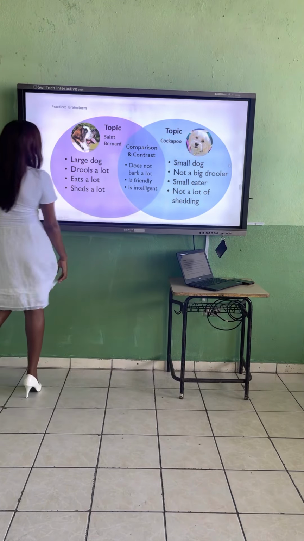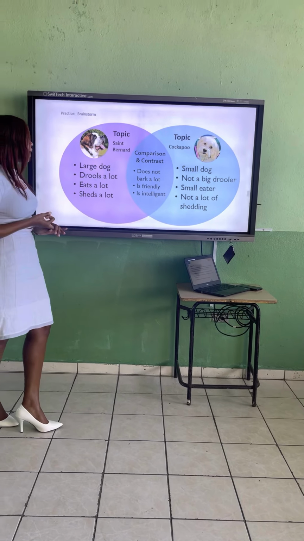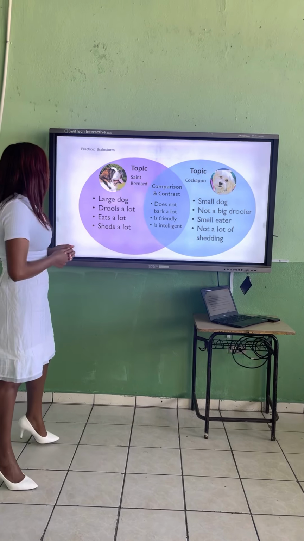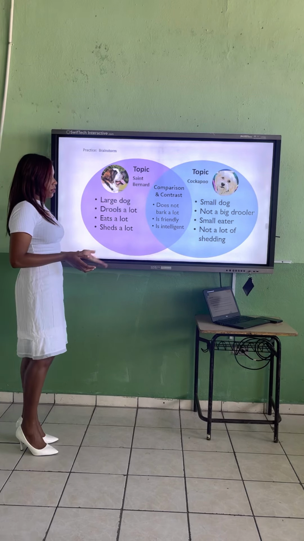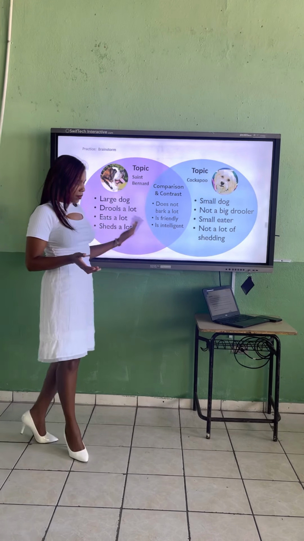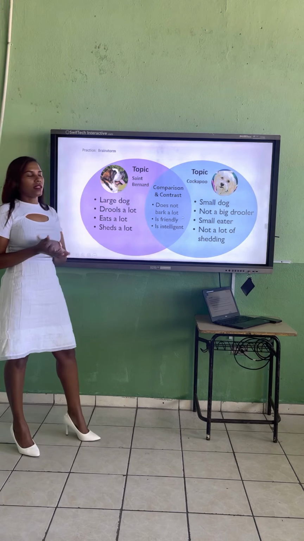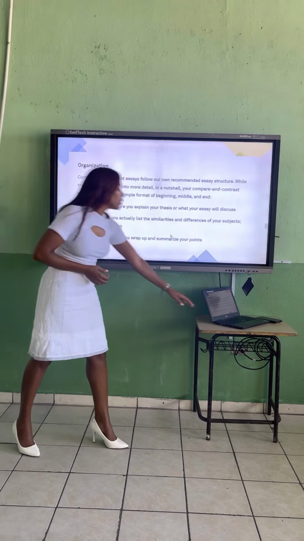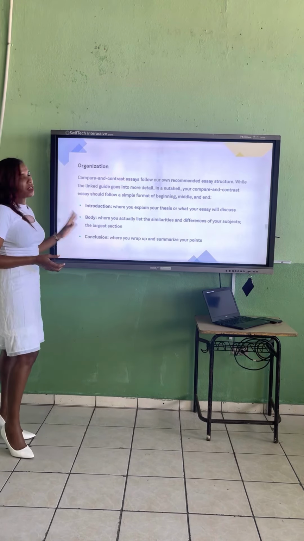It can be about clothing, food, schools, sports, etc. Once we, or even the students, have the capacity to identify their own characteristics and differences, we are able to start organizing our compare and contrast essay.